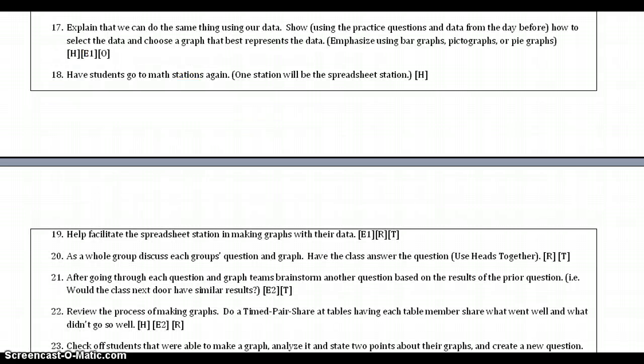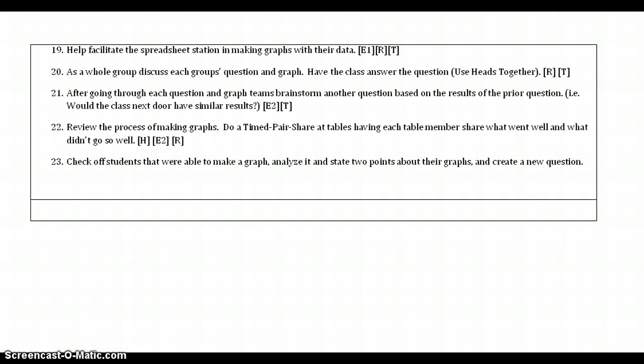After the story, we would again open up a spreadsheet, use the same questions from yesterday, and walk through the steps of making graphs. And I would have each student come up and have a chance doing that. And then again, I'd break groups into stations and have one of the stations be the graphing station today.